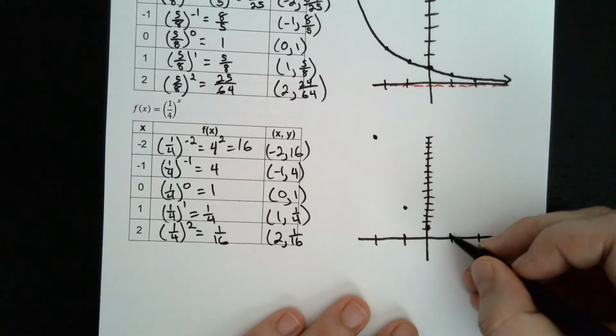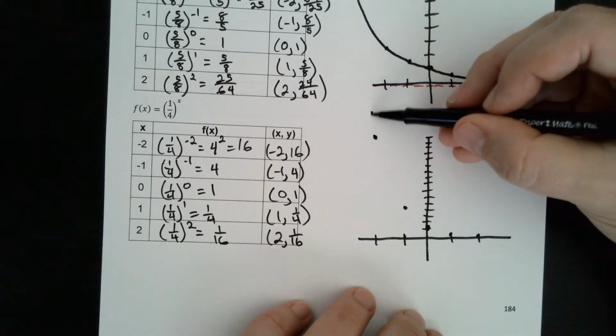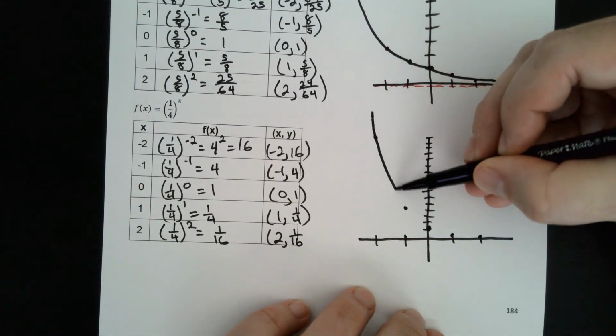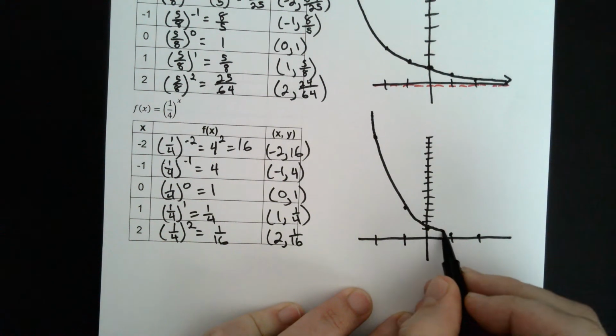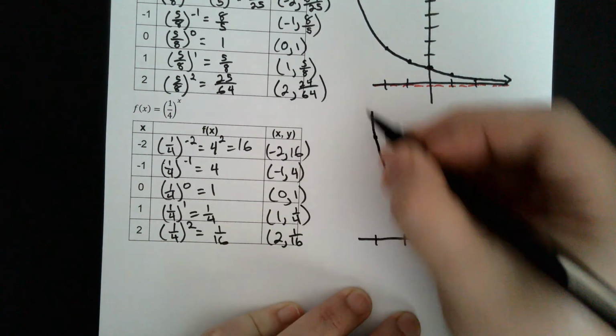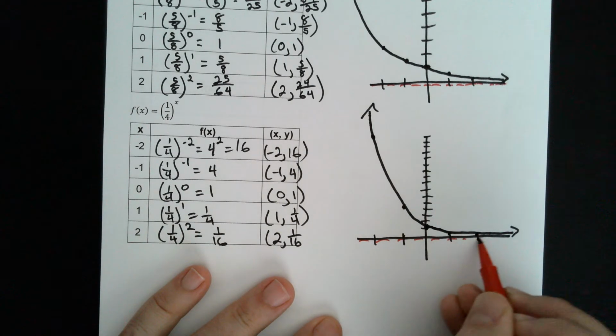And 2 goes to 1/16, which is very close to the y-axis, but not actually touching it. Okay, and here is our exponential graph, and our asymptote would again be this right here.